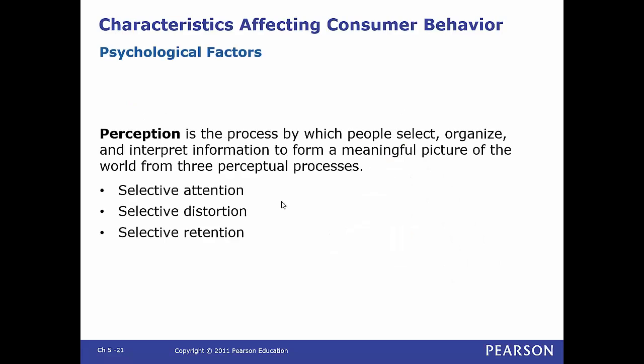Perception is the process by which people select, organize, and interpret information to form a meaningful picture of the world. Any individual has perceptions about different things in the world.